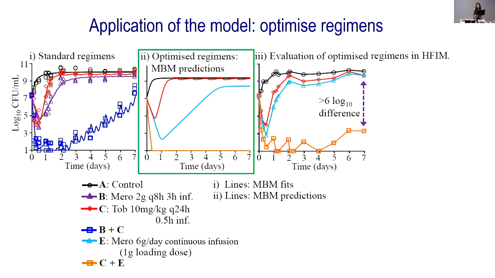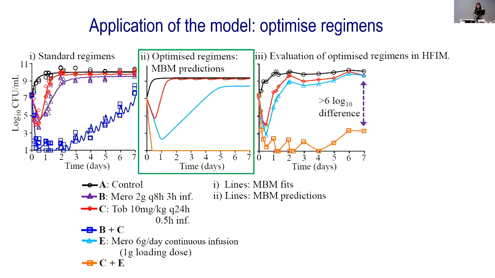But really, an important point of developing such a model is that we can use it to predict what's happening with other dosing regimens. For example, in the middle panel, we use the model to predict what would happen if we dose the meropenem in the combination as a continuous infusion, 6 grams per day, and combine it with the tobramycin.